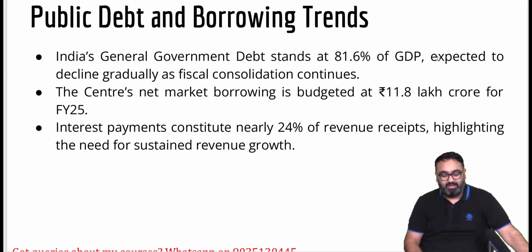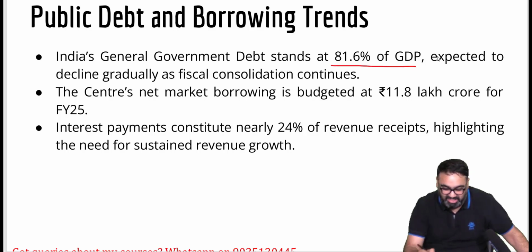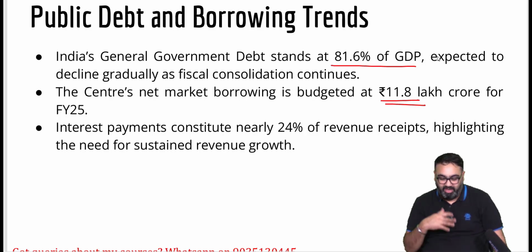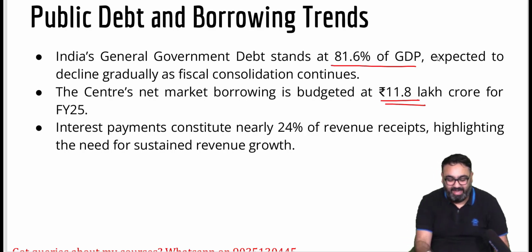Now, the public debt that the government owes is at 81.6% of the GDP. It's expected it will also reduce in the coming years. The center's net market borrowing was about 11.8 lakh crore for this financial year. One big component of the revenue expenditure that we have is the interest payment.